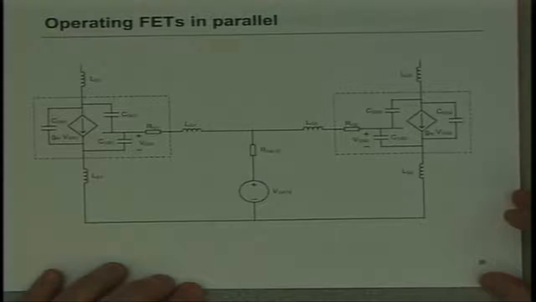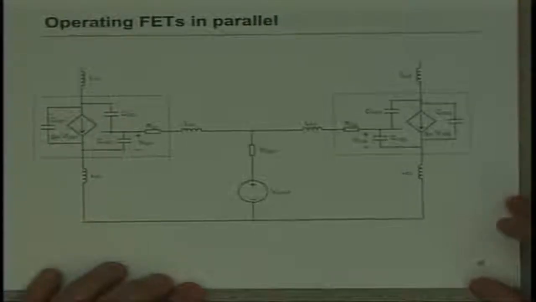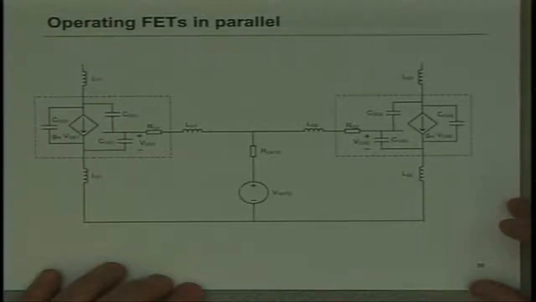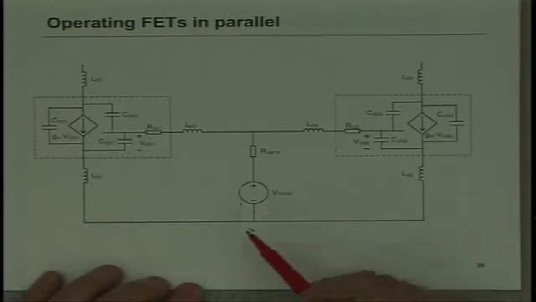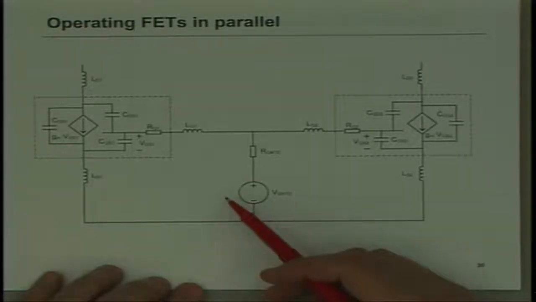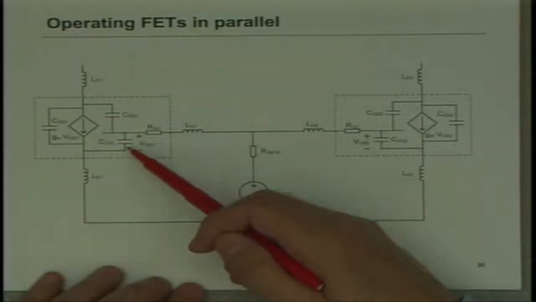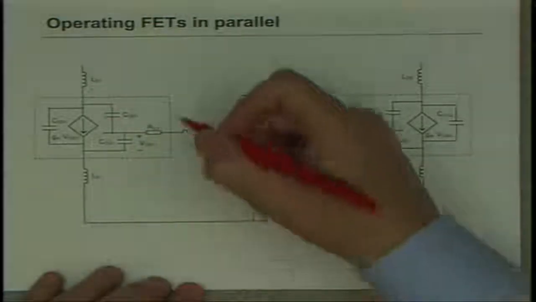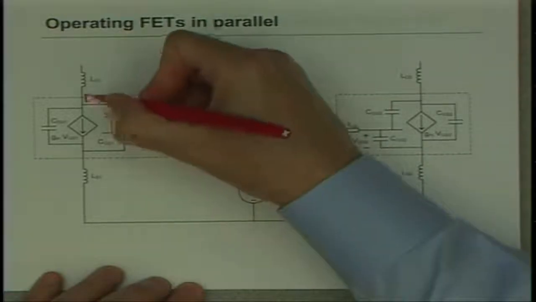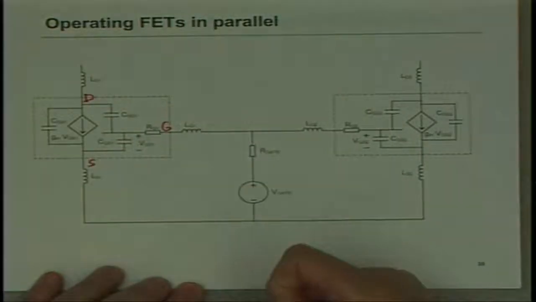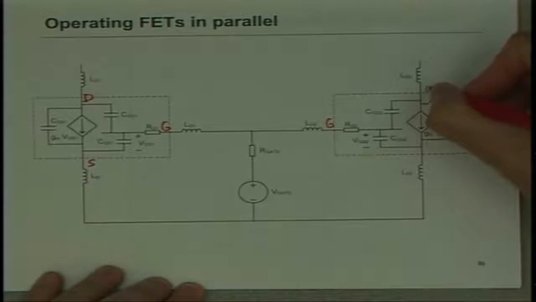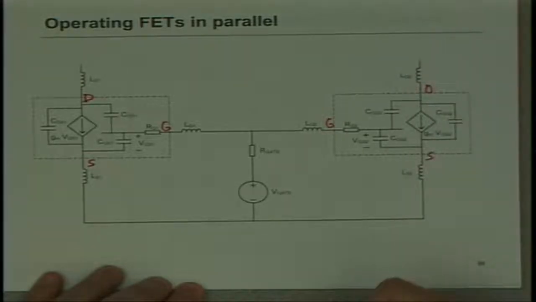A couple brief notes on operating FETs in parallel. If you look at the small signal equivalent model of a FET, you've got a couple of things to worry about. You've got capacitances on the gate, drain, and source. Same thing here, gate, drain, source.